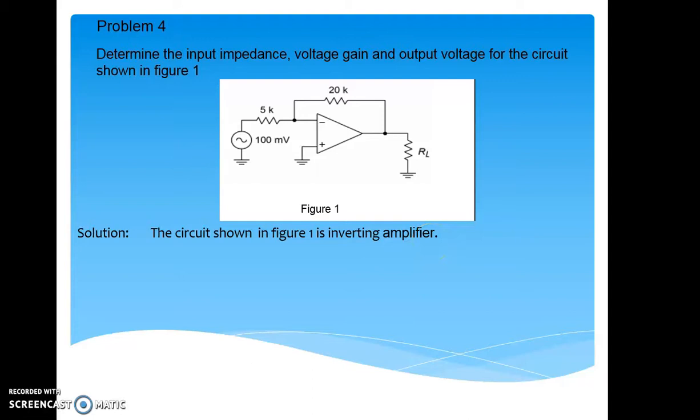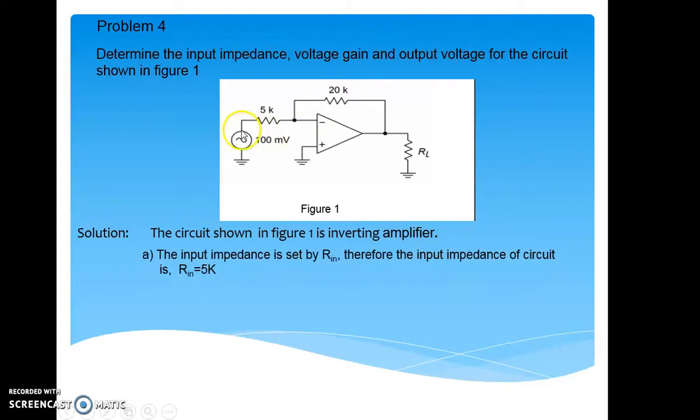Once you know this, we consider first the input impedance for this circuit. From the input side to the inverting terminal, we'll find that there is a resistance of 5 kilo ohm. Therefore, the input impedance of this operational amplifier is 5 kilo ohm in this case.